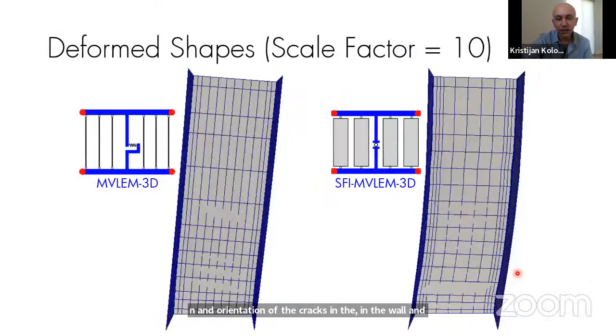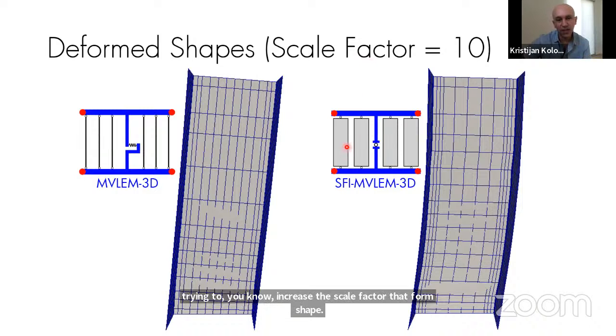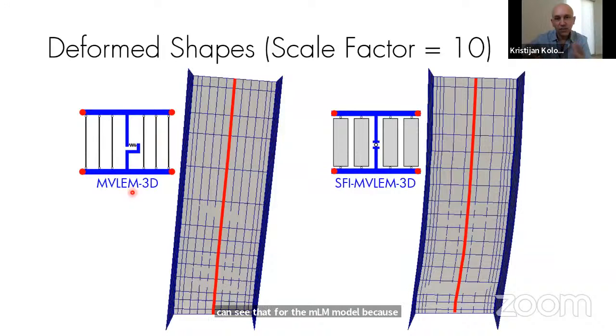And finally, I think this slide shows a nice difference between the two models to understand really how they work. I increased the scale factor of the deformed shape by a factor of 10 here. You can see that for the MVLEM model, because the flexure and shear are uncoupled, and in this case we're using elastic shear behavior, all deformation comes from the flexure.